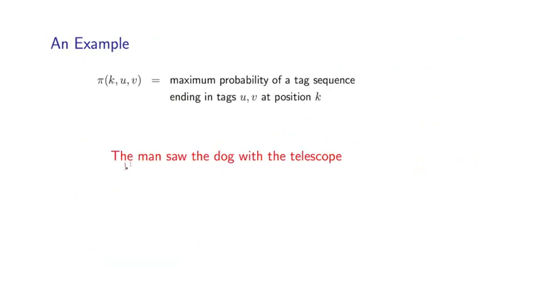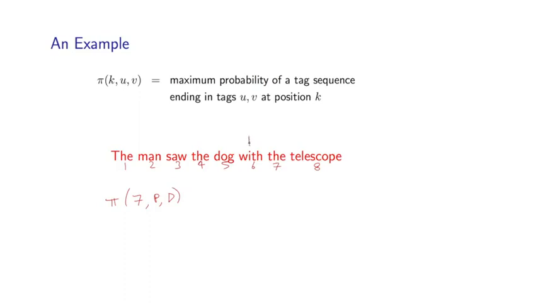So let's number these words. So 1, 2, 3, 4, 5, 6, 7, 8. And let's say we consider the entry pi 7 of P and D. What does that correspond to intuitively?